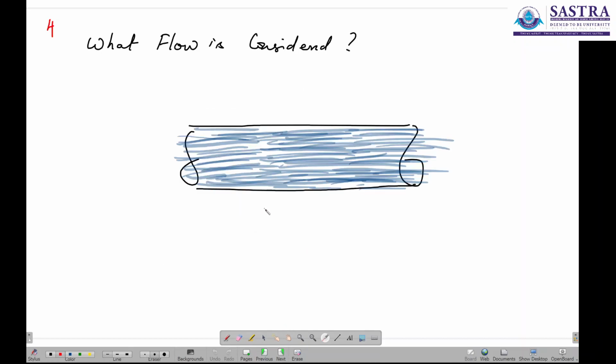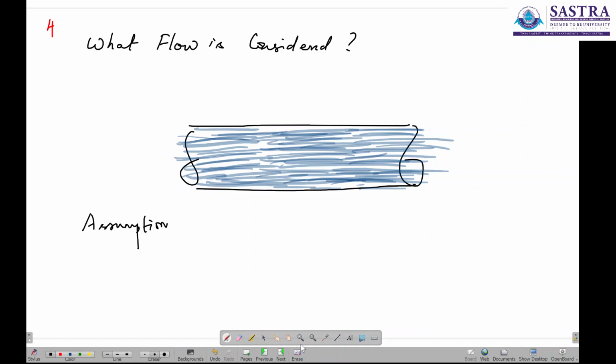Now before we do the derivation, let's understand what flow we are going to consider in this learning capsule. In other words, is there any assumption that we want to consider for this particular concept?